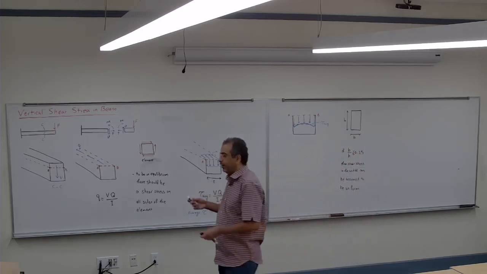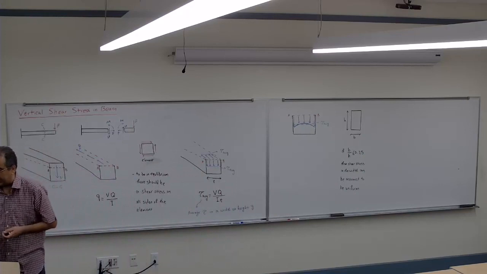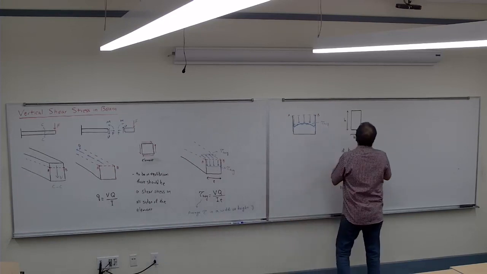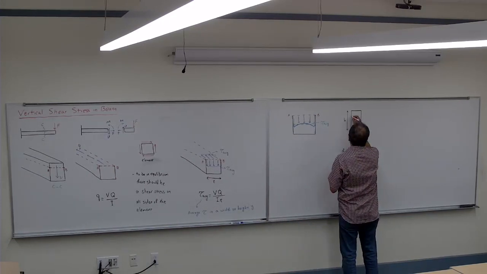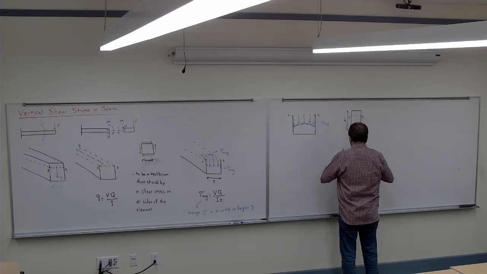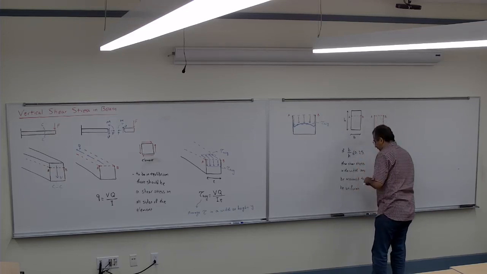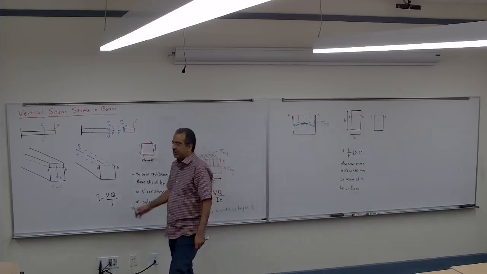So if the width is much smaller than the height, and I cut it somewhere there, in that case I can assume, because the width is so small compared to the height, that the shear stress is almost uniform.